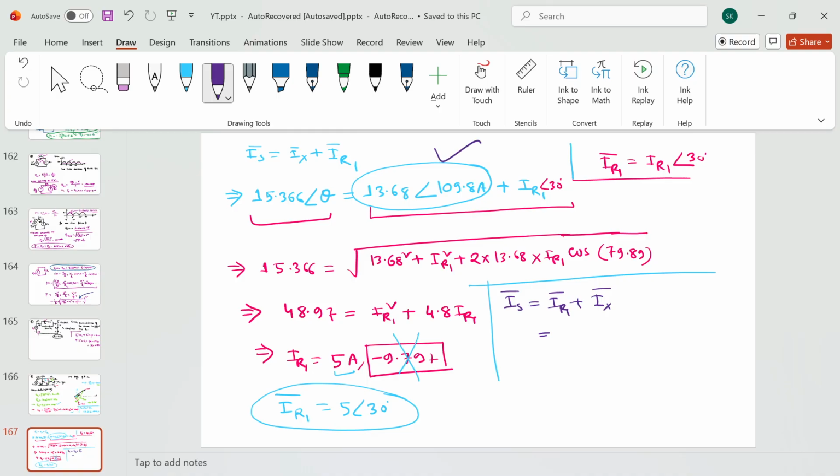So add up these two quantities, 13.68 at an angle of 109.89 plus 5 at an angle of 30 degree.